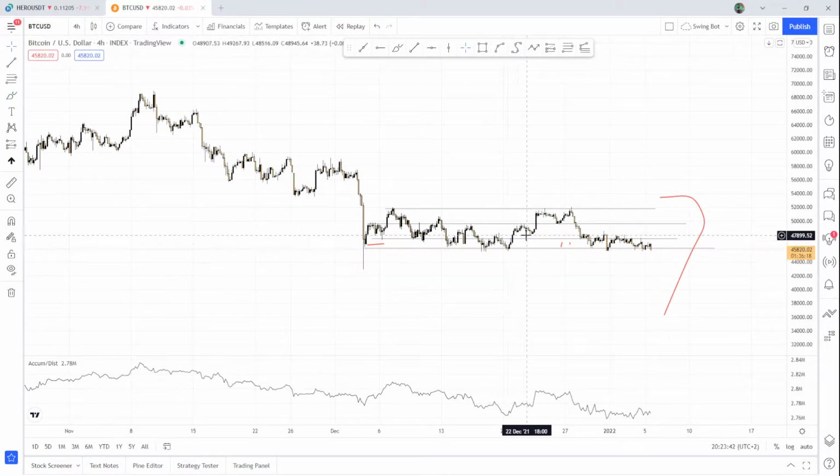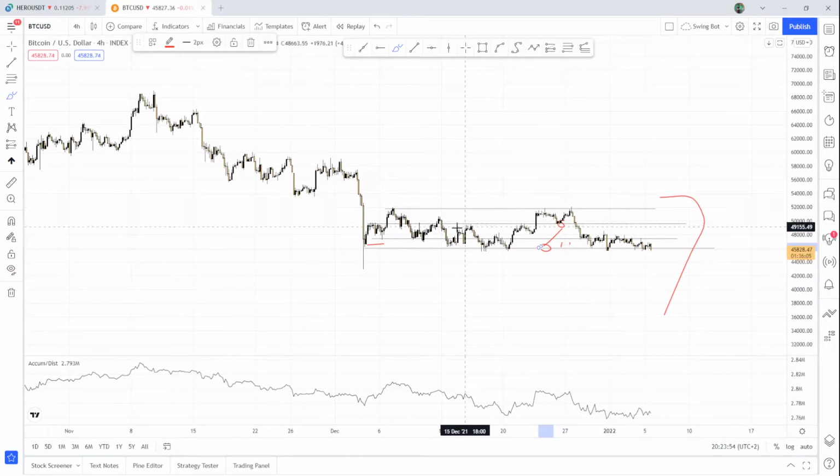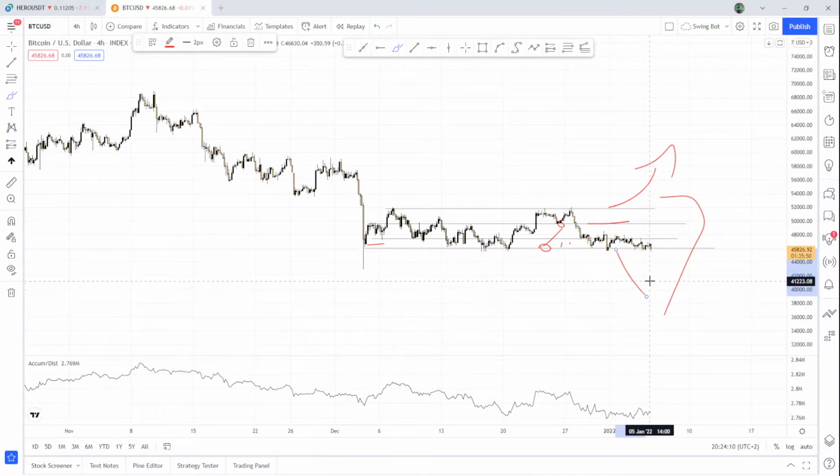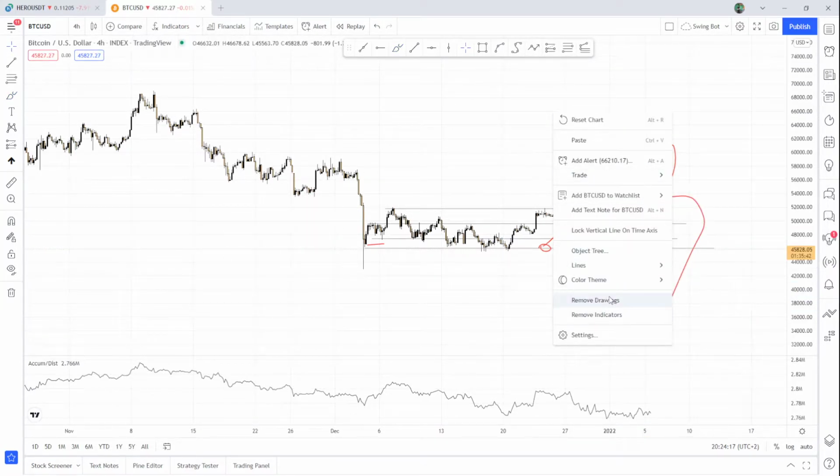So you either trade the whole range, or maybe between these two, but it depends how strong this resistance is. So you either trade the range or you wait for a break up or down, you wait for distribution to start. So this is accumulation and distribution.